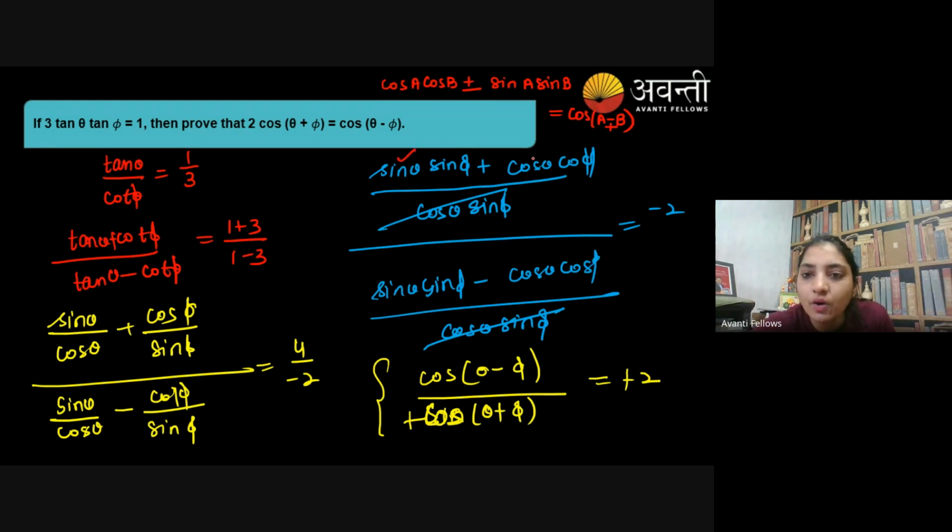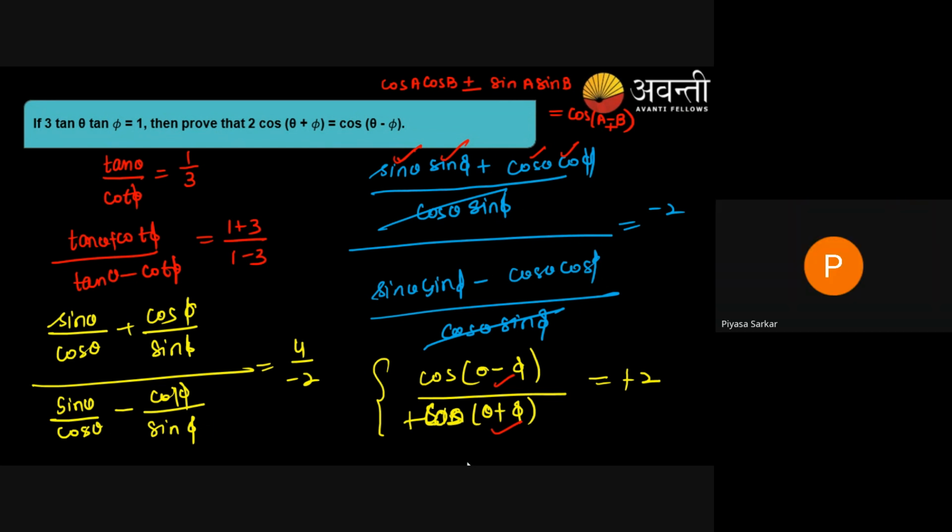So cos theta cos phi plus sine theta sine phi means cos theta minus phi is there. Then minus taken as common, then cos theta cos phi minus sine theta sine phi, that will be theta plus phi. Clear, everyone? Yes, ma'am.